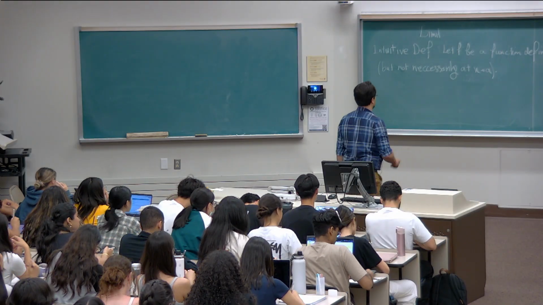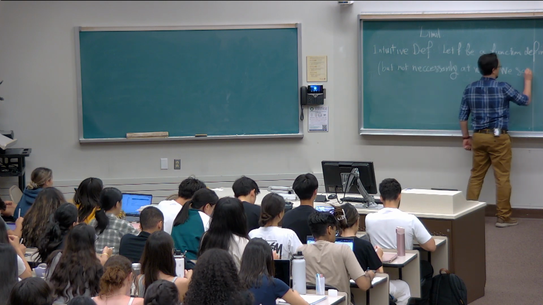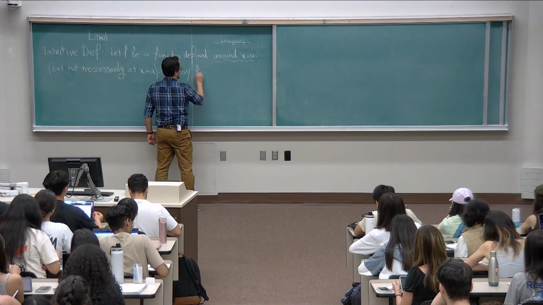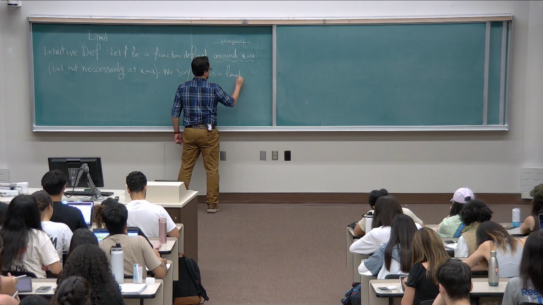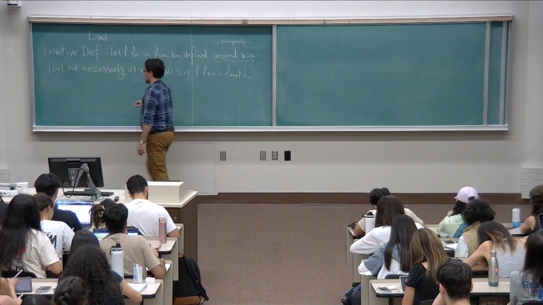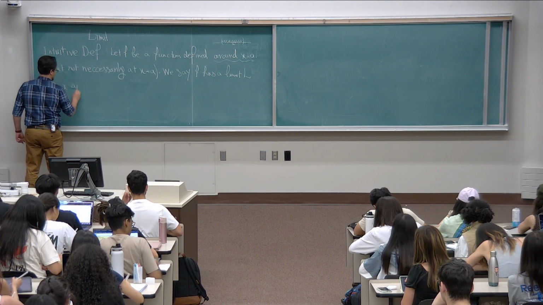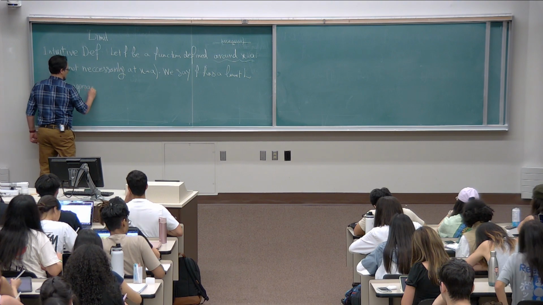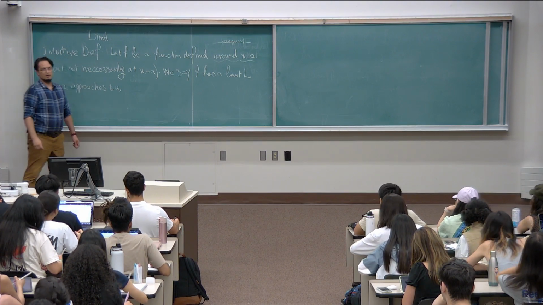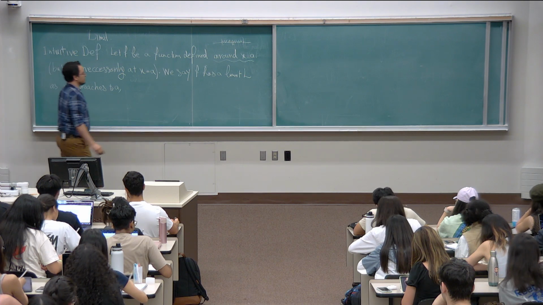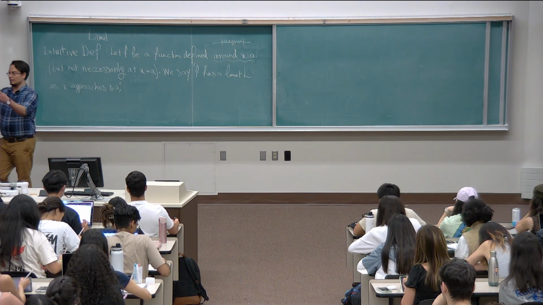So let me fix the notation. We say f has a limit, or the limit L, as x approaches A. Well, hopefully you're not expecting me to repeat this whole thing any time I want to write a limit on the board.